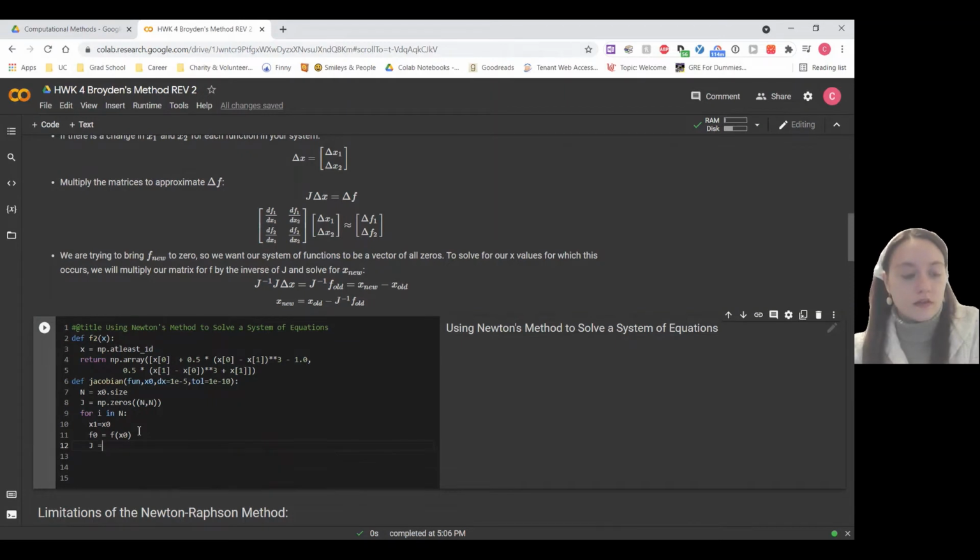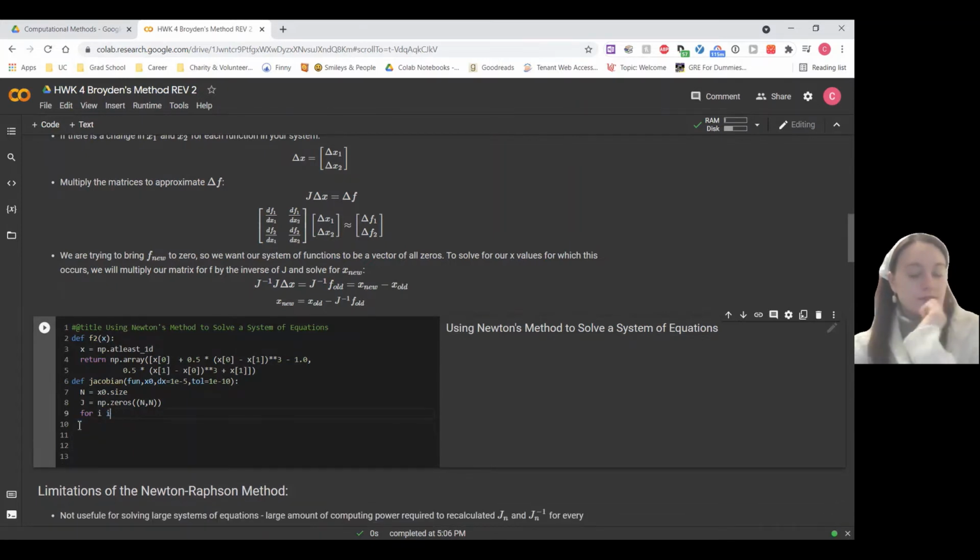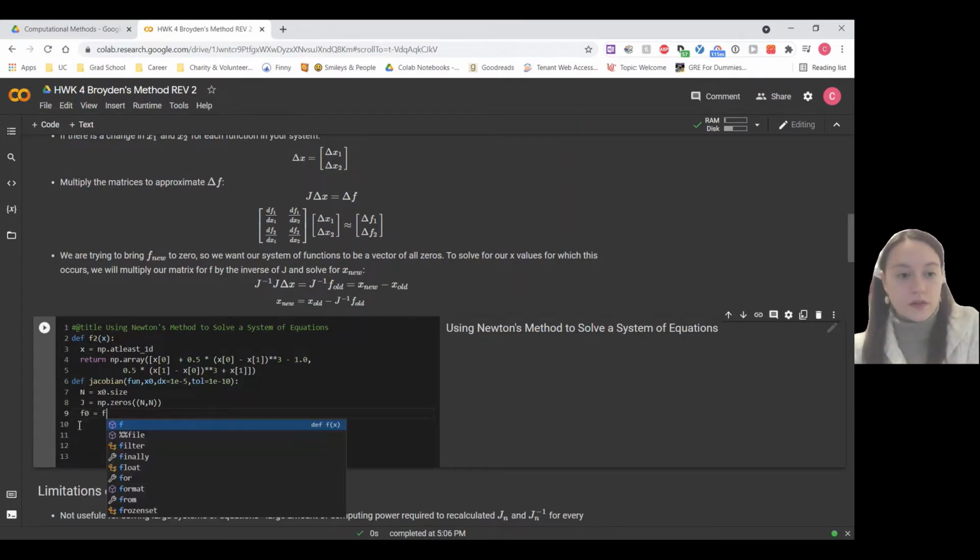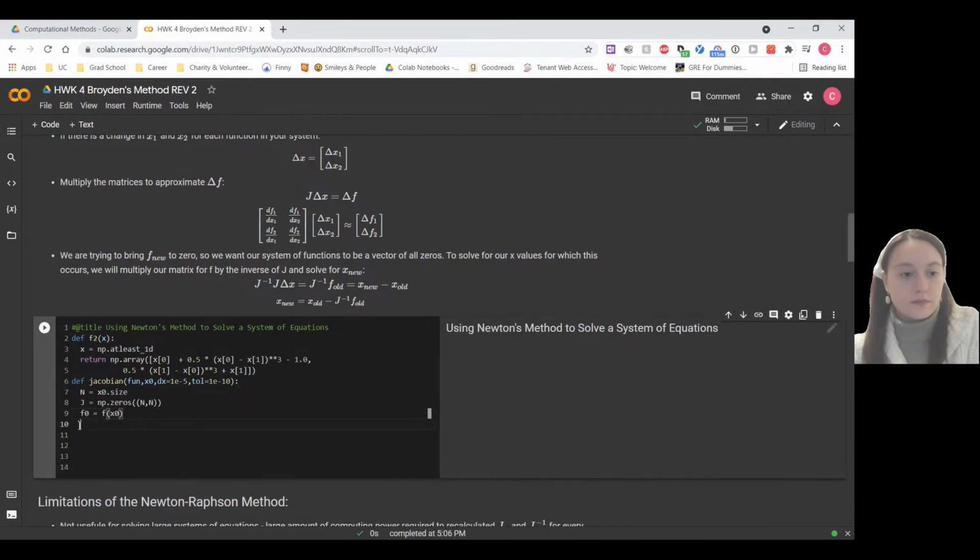Jacobian will be... so our initial value for our function will be the value of a function at x0.